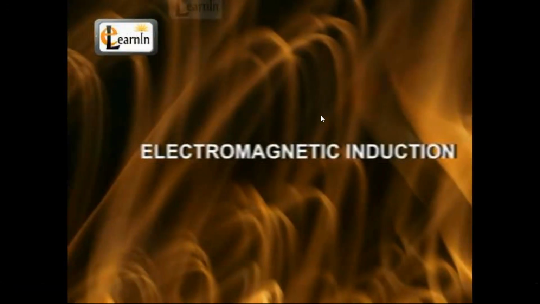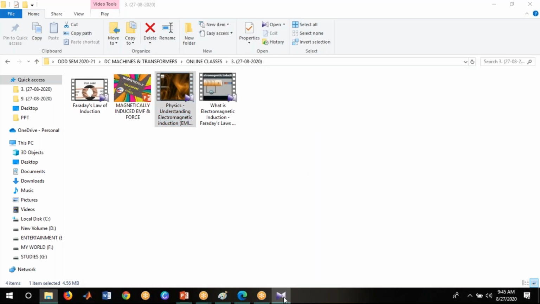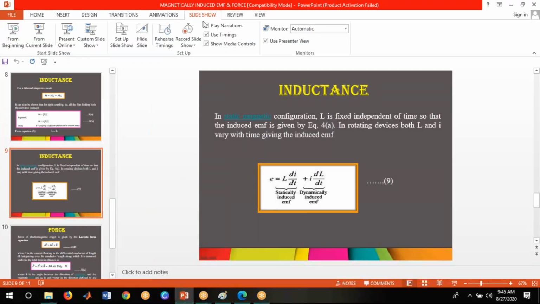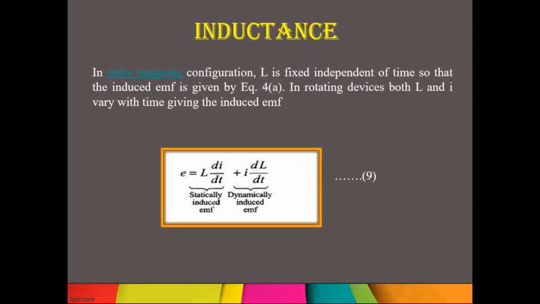That will be the EMF happening in the coil.